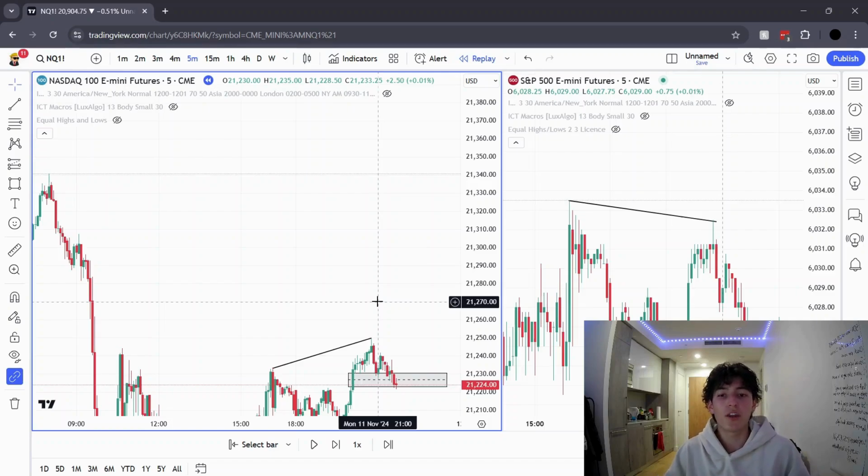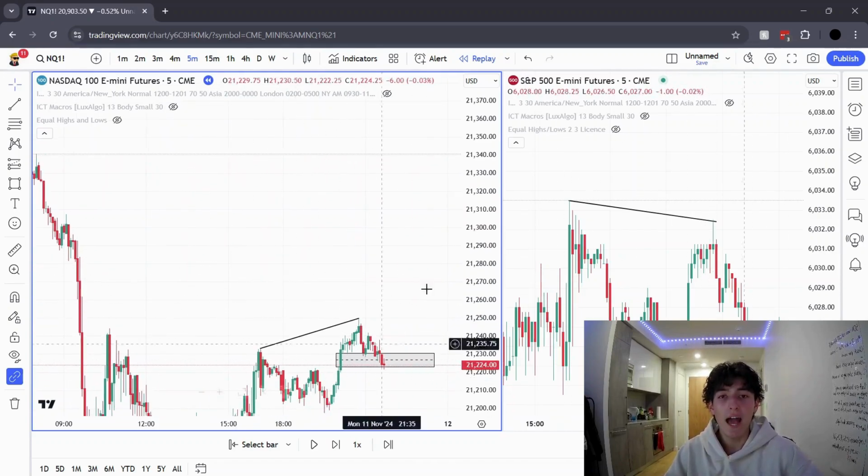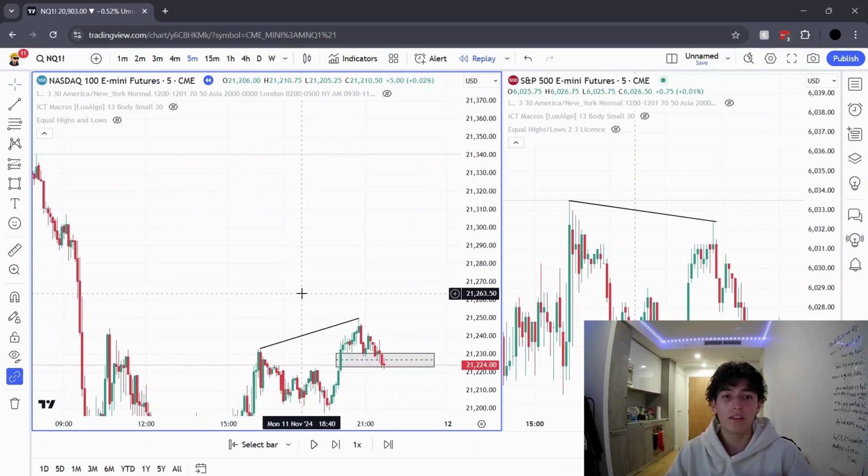So if I were to enter in a trade and I see my strategy play out perfectly, and on top of that, I see there's an SMT, I might size a little heavier, right?